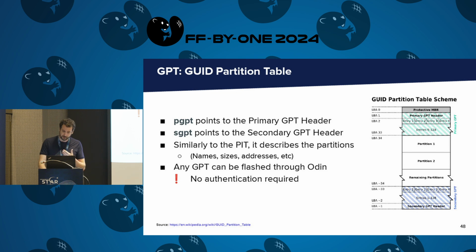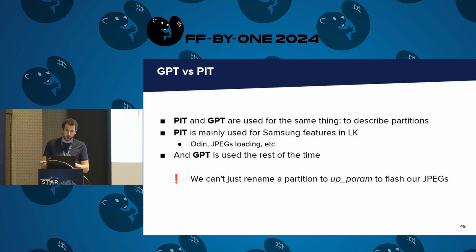Now, a few words about GPT versus PIT. As I explained, they are used for the same thing. The PIT is used for Samsung features, such as Odin and the JPEG loading, so the up-param partition is retrieved through the PIT and not through the GPT table.